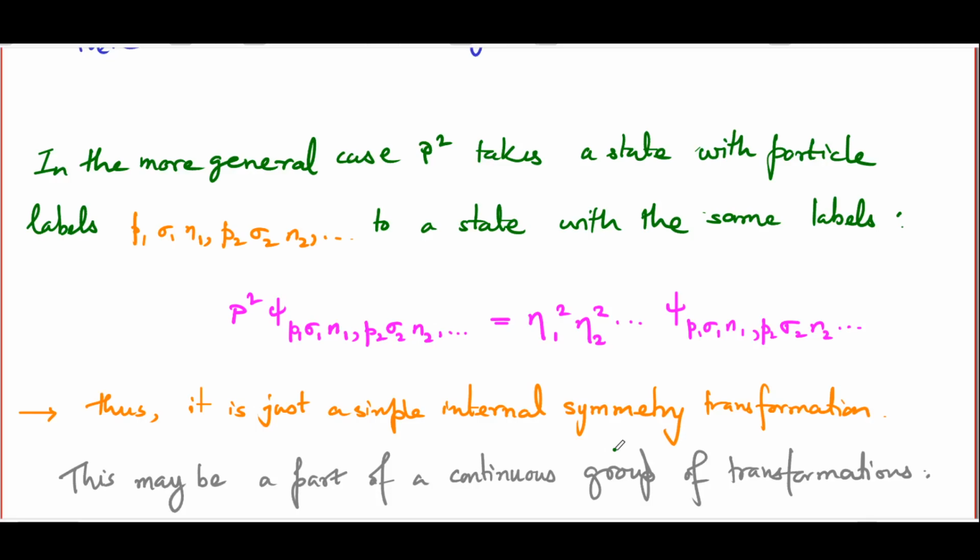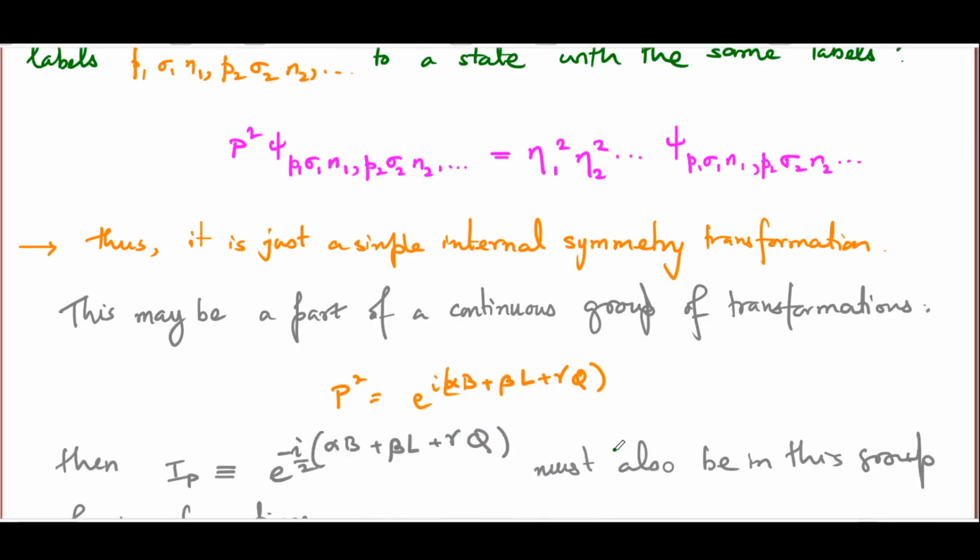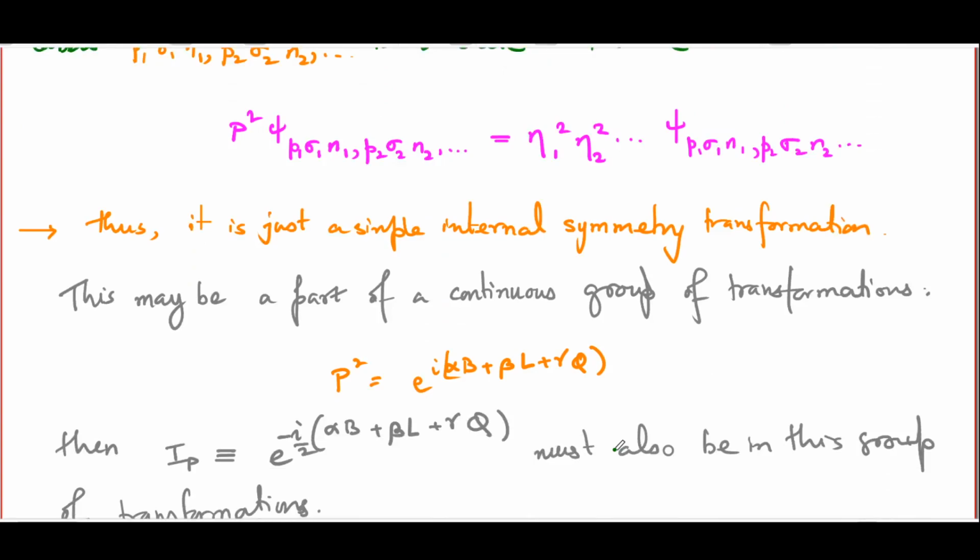Now, we have a possibility that this particular operator P square, which is a simple internal symmetry transformation, may be a part of a continuous group of transformations. For example, P square might be an element like this: e to the power i times alpha B plus beta L plus gamma Q. In other words, the phase factors which P square produces are exactly the same as the phase factors that this particular operator produces.